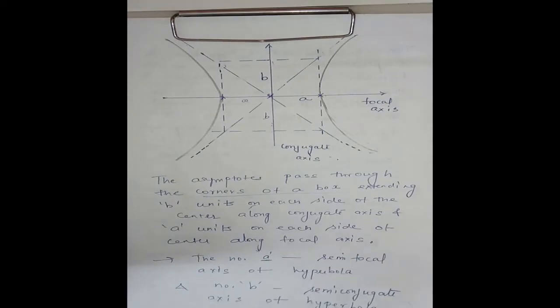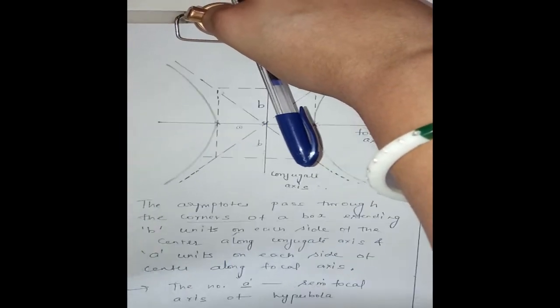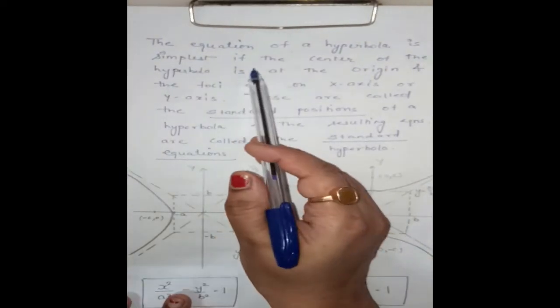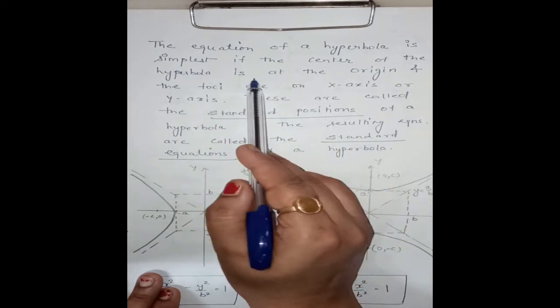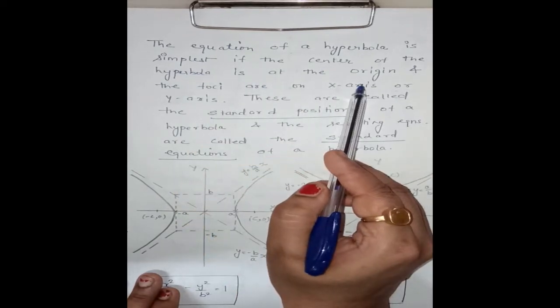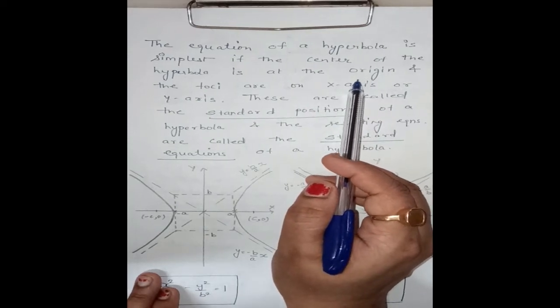Now, the standard equations of the hyperbola. The equation of a hyperbola is simplest if the center of the hyperbola is at the origin. First of all, we are discussing the hyperbola with center at the origin.